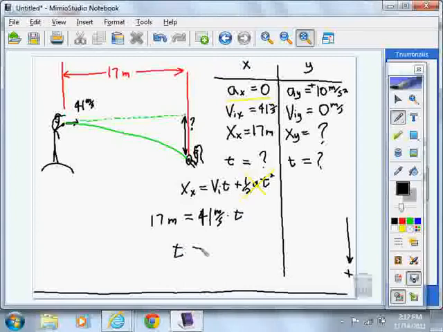And I saw a lot of you left that in fractional form. That's fine. Did anyone actually crunch it out? What did you get? 0.414. Okay, I'll just go like that.